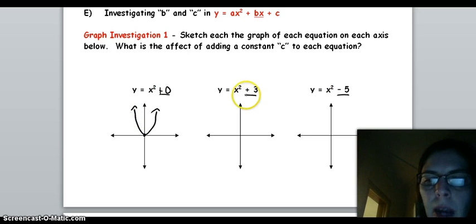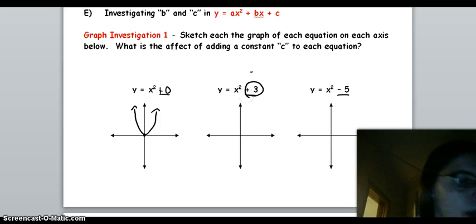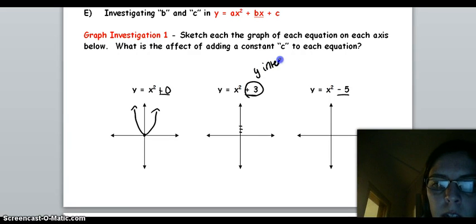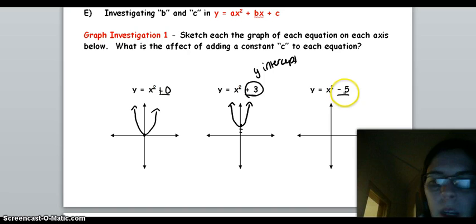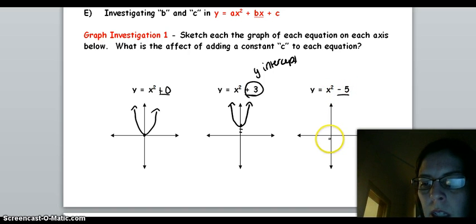Okay? When I have a +3, I'm going to move that graph up 3 because that's where it crosses the y-intercept. I'd put my dot there, and then that's where my parabola would start. And then -5, I bet you guessed it, it's going to go down 5, and it's going to start right there.